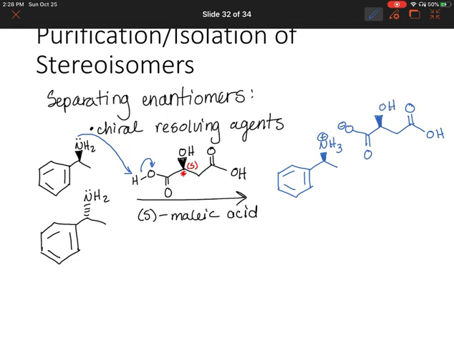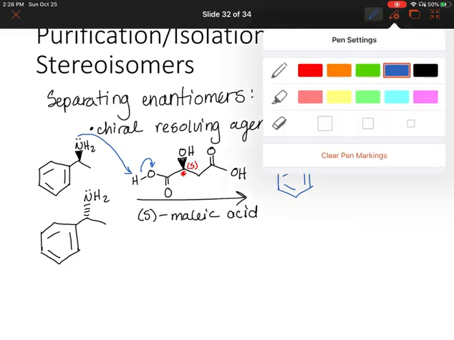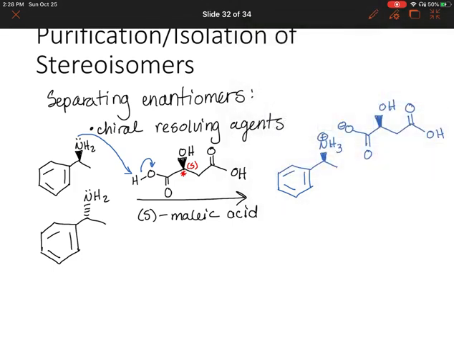So that's our first salt. And then our other salt, let's use a different color. We'll use red. Our other salt will do a similar thing, but we'll just end up with, of course, a different stereocenter for our NH3 here.